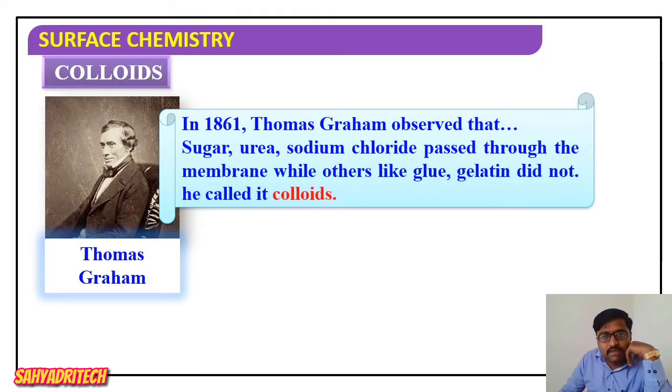Now the concept of colloid: in the year 1861, a scientist named Thomas Graham observed that sugar, urea, and sodium chloride passed through the membrane, while other particles like glue and gelatin did not.